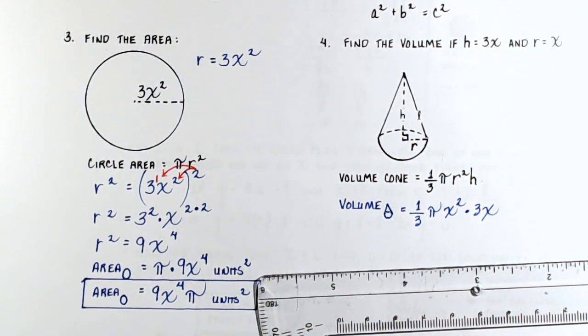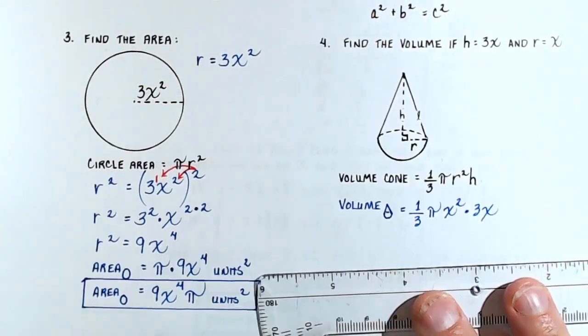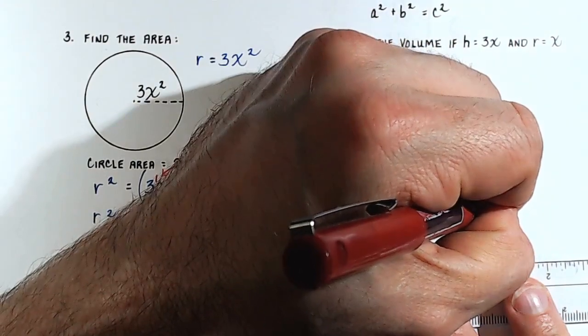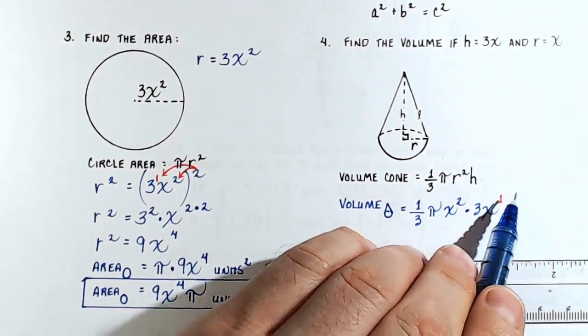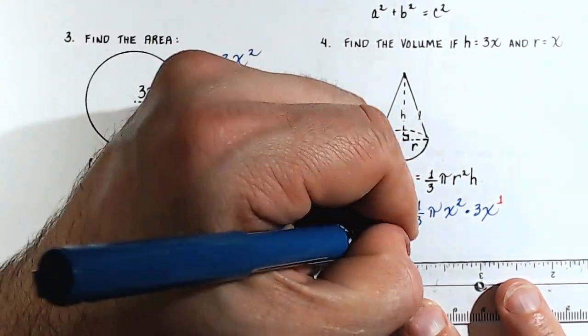Now I can simplify that. I can make that more compact because x has an exponent of 1, and I'm multiplying x to the first times x to the second.